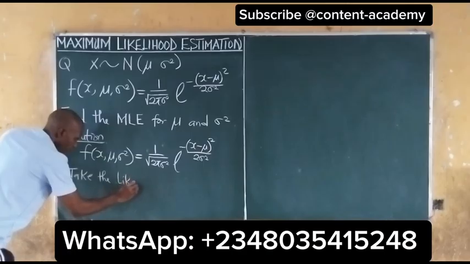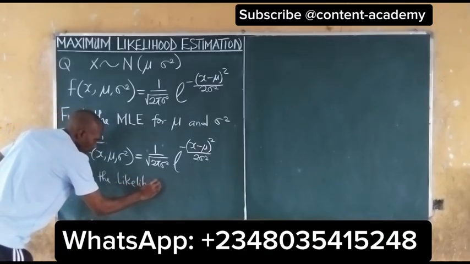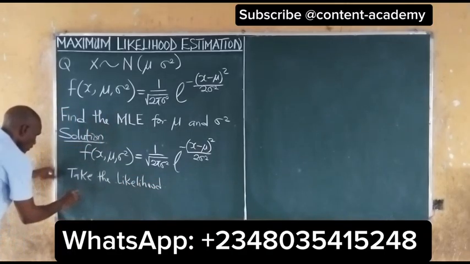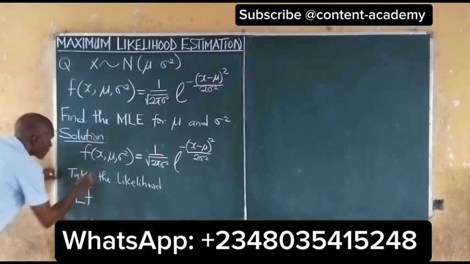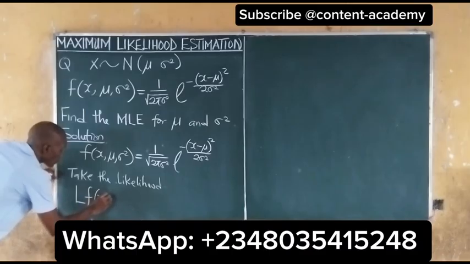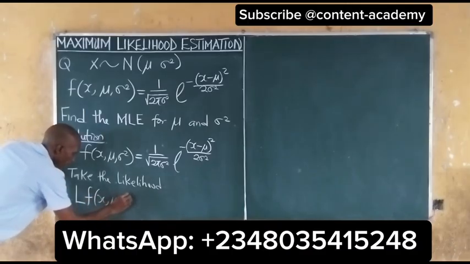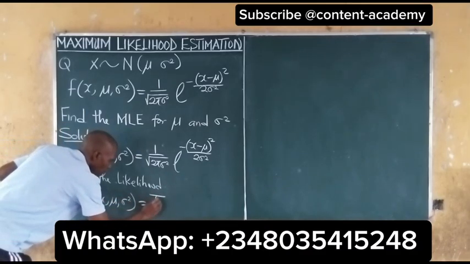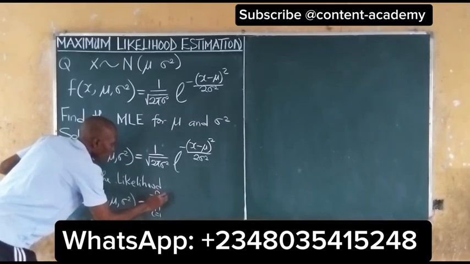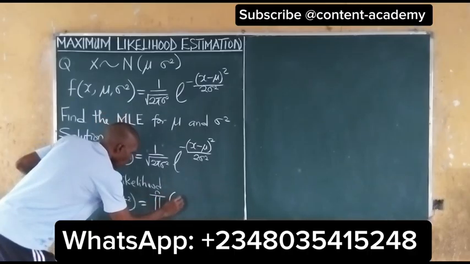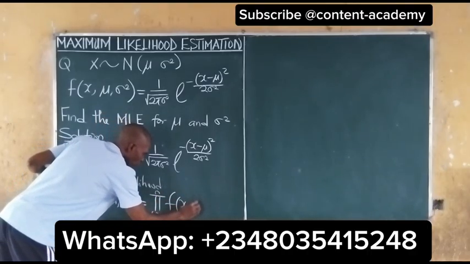The likelihood of the given function is equal to the product, as i runs from 1 to n, of the given function.